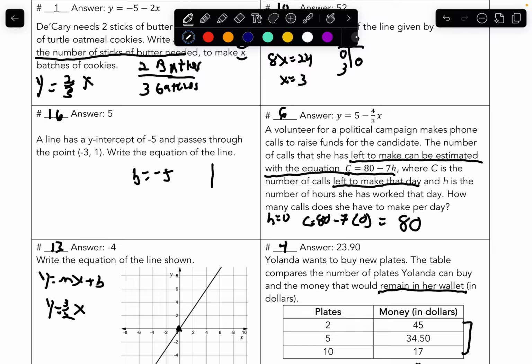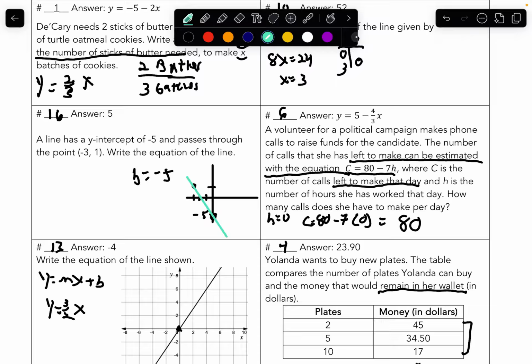Best way to do this, draw a pic. Sketch it, so you can visually see what's going on. All right, y-intercept -5 means we're down here. -5, there's the y-intercept. And then at -3, 1, 2, 3, we're up here at 1. You can visually see now, if you connect these two dots, that the slope has got to be negative, right?